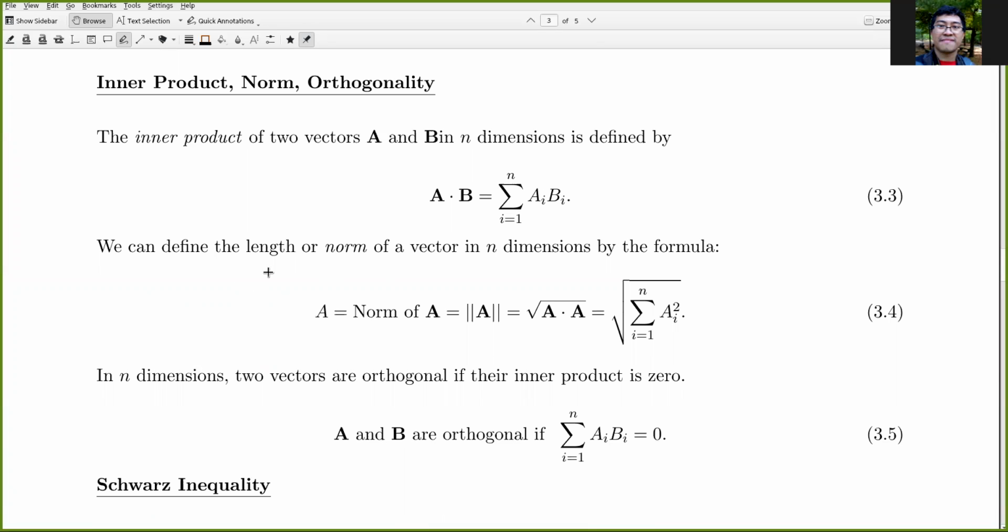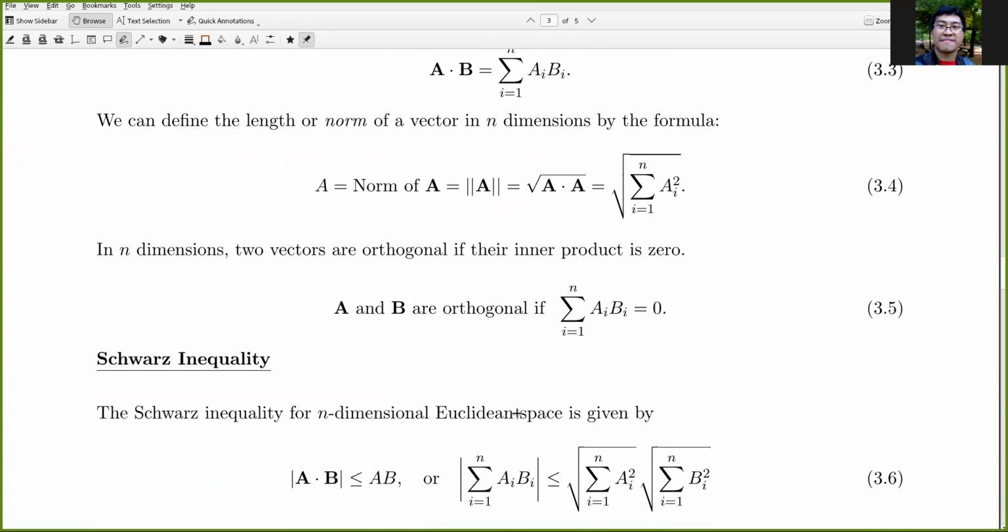We can define the length also or norm of a vector in n dimensions by this formula. So the norm of A, here you have two vertical lines, take the square root of A dot A, so you get this. In n dimensions, two vectors are orthogonal if their inner product is 0. So you just solve for the inner product. If that is 0, then they are orthogonal.